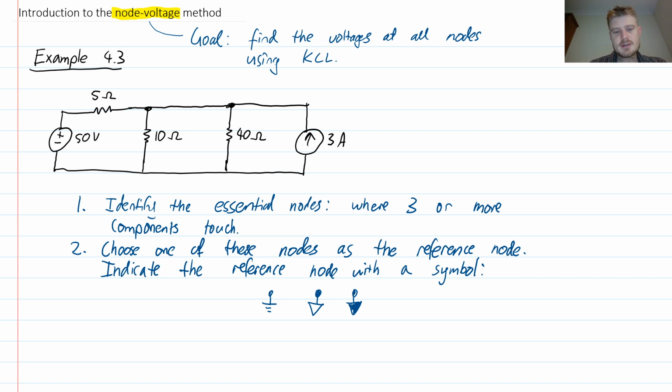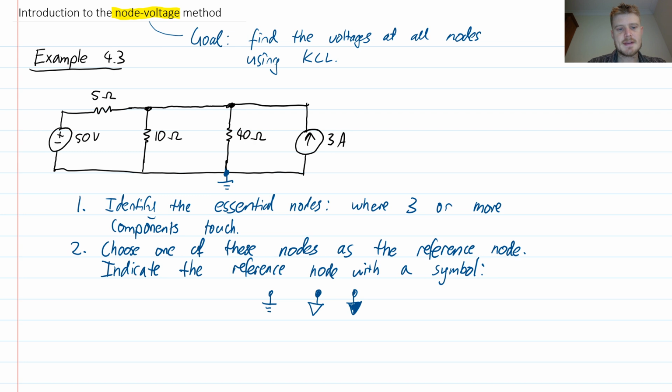Usually with a little bit of experience, you can choose which node should be the reference. Often, if the circuit layout is nice and neat, it would be the one on the bottom, but it doesn't have to be. You can place it anywhere. It's a good idea to choose a node that has the highest number of branches.